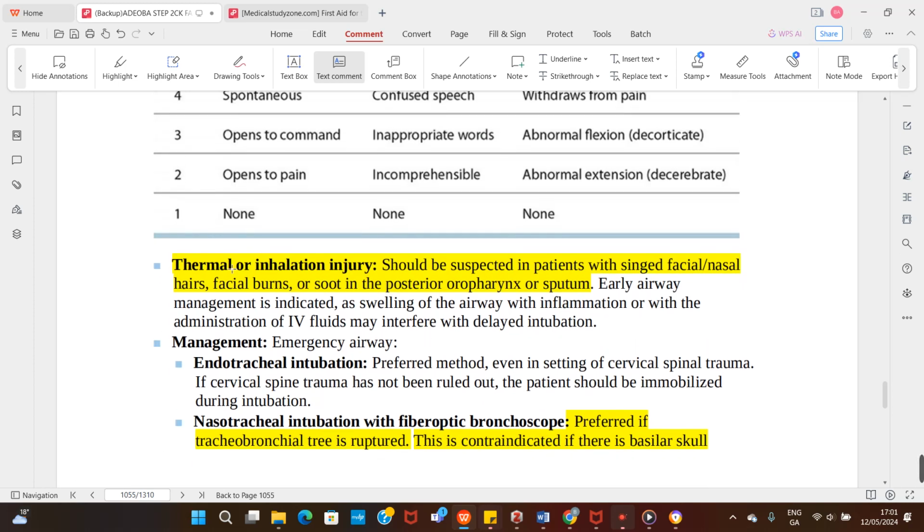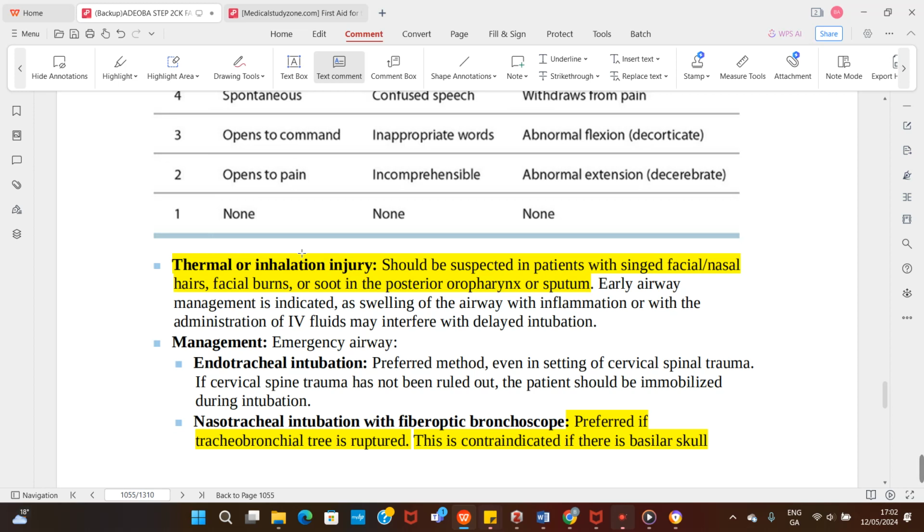So the last is a thermal or inhalational injury. We have talked about this so many times. You are evaluating the patient. Maybe the patient was involved in a burning building, and they were locked in that area for a long time. They must have inhaled a lot of toxic gases, and you are looking at their face. You are seeing singed, burnt facial or nasal hairs, burn injury around their face.